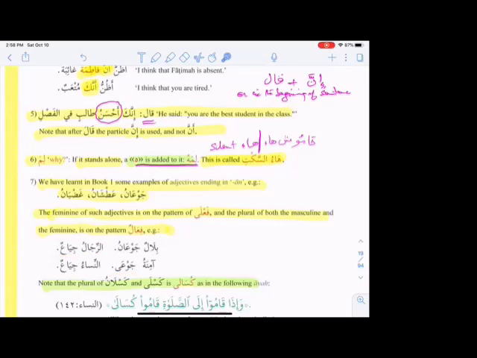And nisa'u, same, jiaun. Note that the plural of kaslanu is different now. Kaslanu is kasla, which is the same thing as jawa, but the plural is totally different.